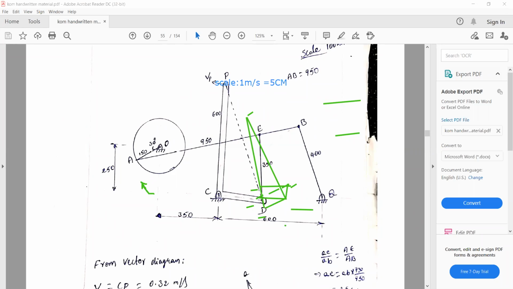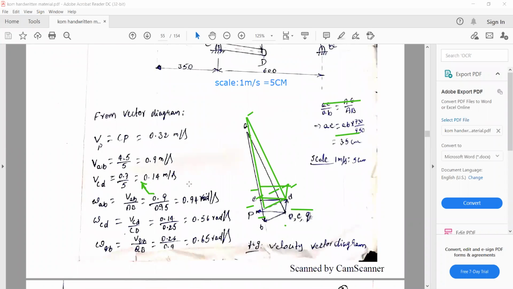Six links are there. In this, you only have to know the velocity of one link, and you identify the other links' velocities with the help of the relative velocity method.